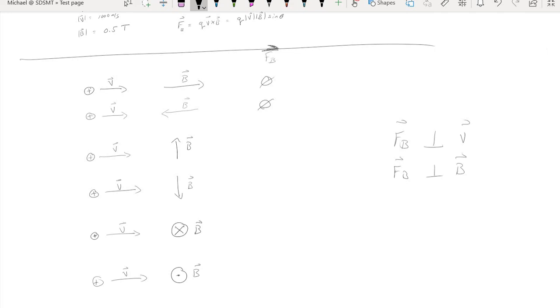But how do we know which is which? We can't just flip a coin. With the next example, we have our velocity pointing to the right, and we have our magnetic field pointing down. Again, I would have to have my force pointing either into the board or out of the board, but which is which?